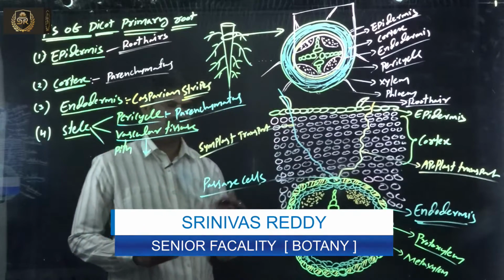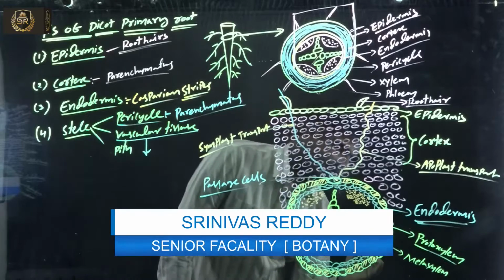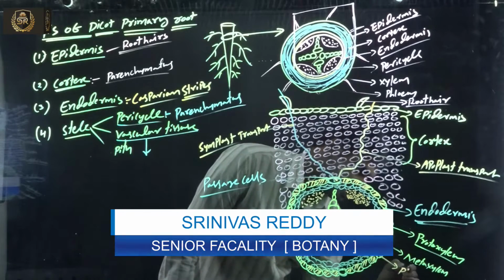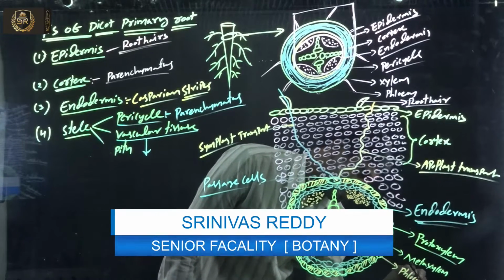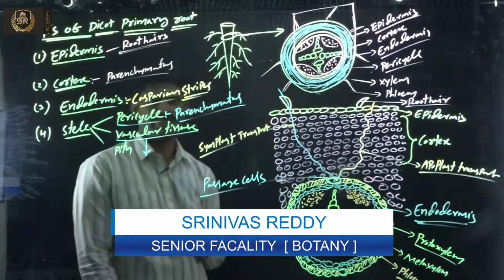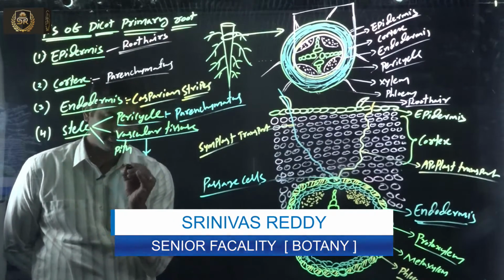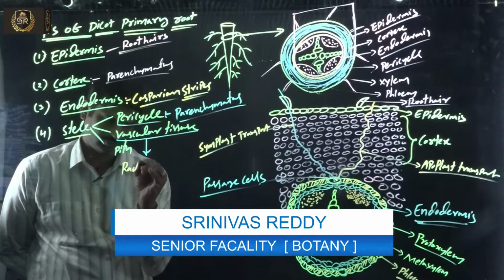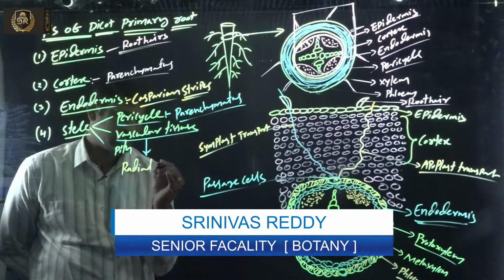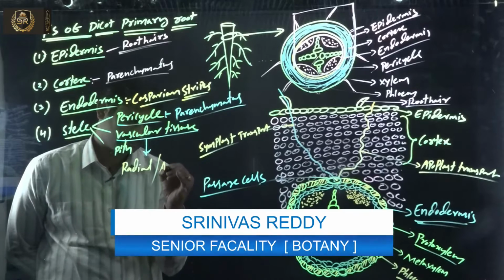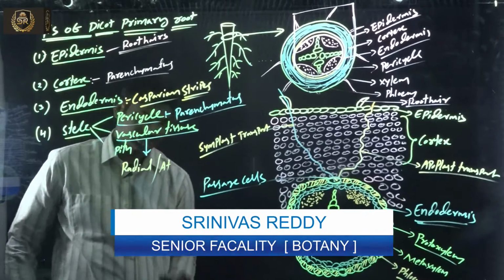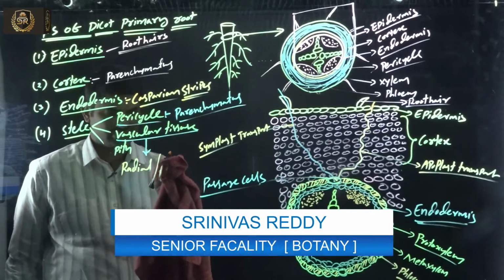Xylem and phloem arranged in alternate manner. The vascular bundle is radial, or another name, alternate vascular bundle.